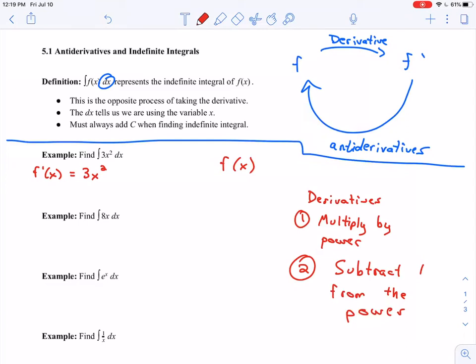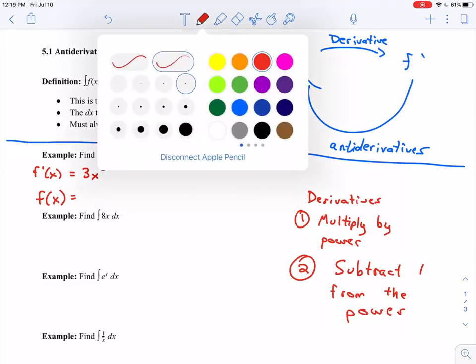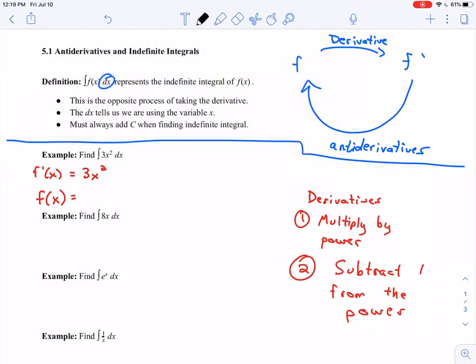So if I want to try and come up with an f of x here, you might say, okay, if these are the steps for the derivative, why don't we just do the opposite? Let's start with dividing by the power. So if I divide by the power, I would have 3 divided by 2 times x.